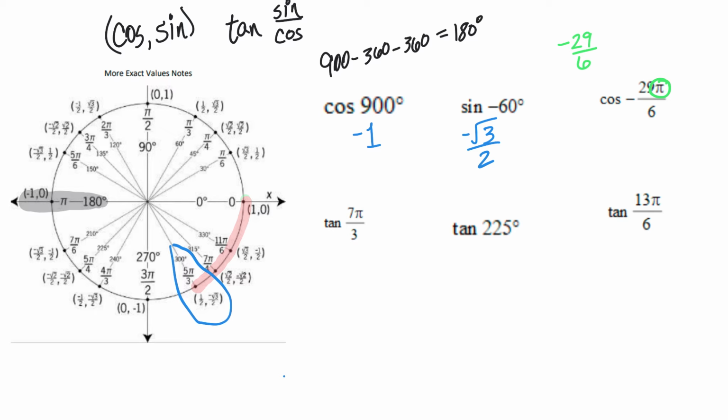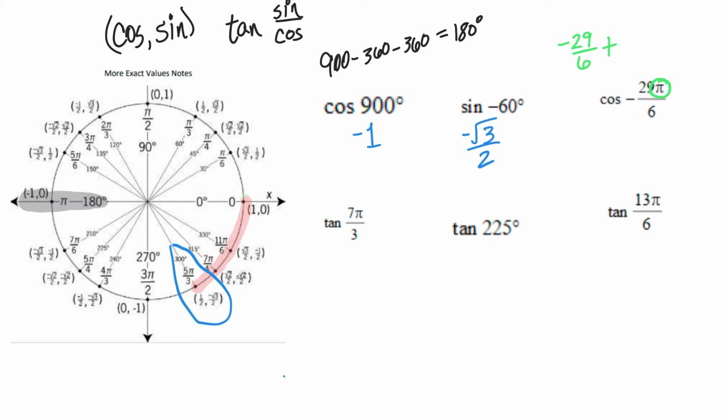So what I'm going to do is continually add 2 to -29/6 until I get a value that does actually fall on my unit circle. I'm just typing in my calculator, -29 over 6. And then I add 2 to this amount, and I'm still at -17/6.